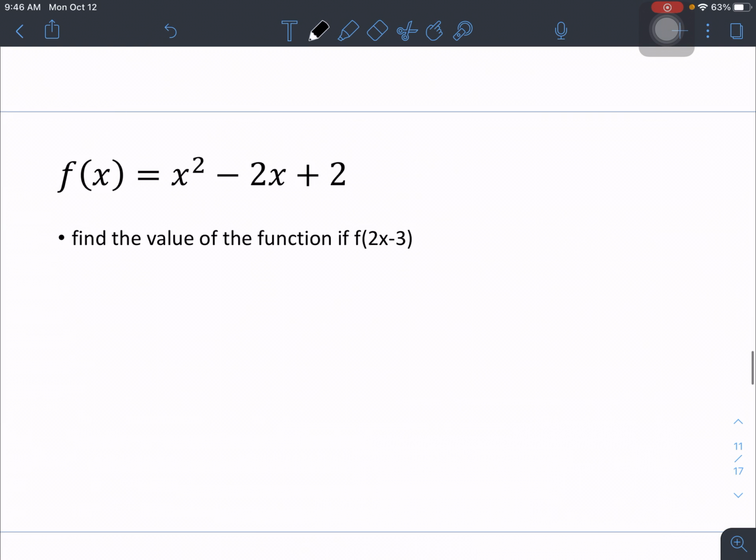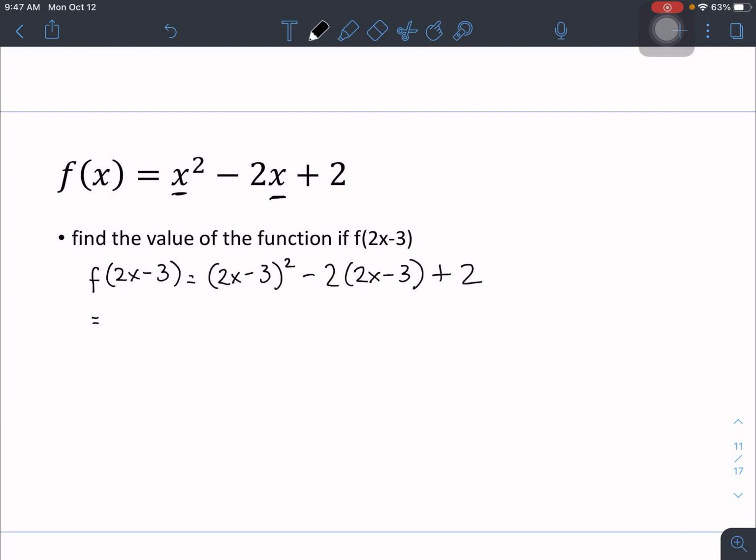Okay, next one, find the value of the function f of 2x minus 3 given that the function f of x is equal to x squared minus 2x plus 2. So replace all the x's by 2x minus 3. So be careful. First step, again replace all the x's with the corresponding value, which is 2x minus 3. So this will be (2x minus 3) squared minus 2 times (2x minus 3) plus 2.